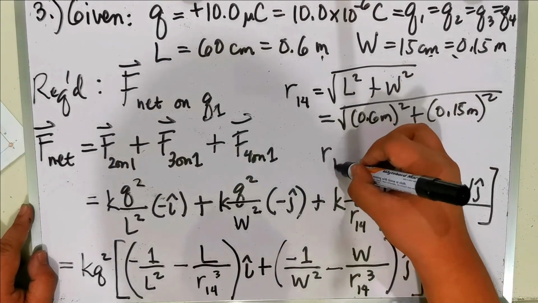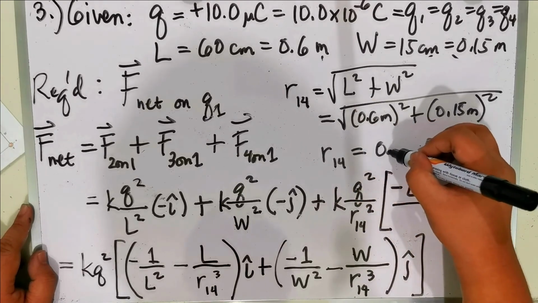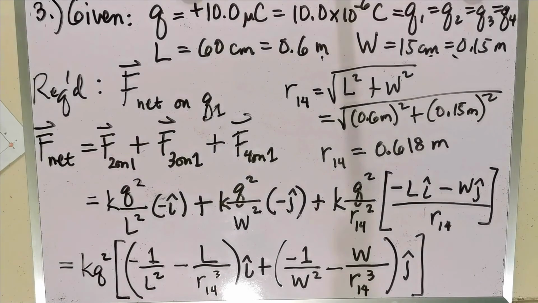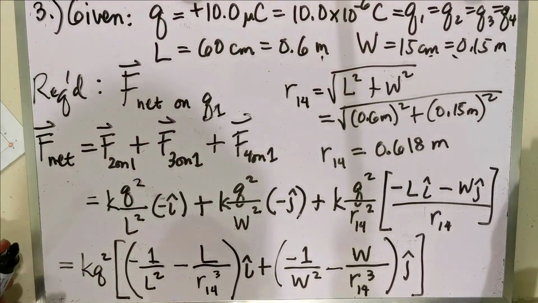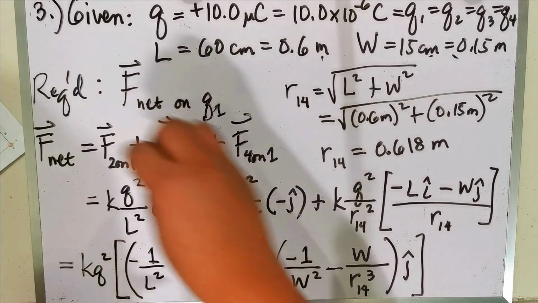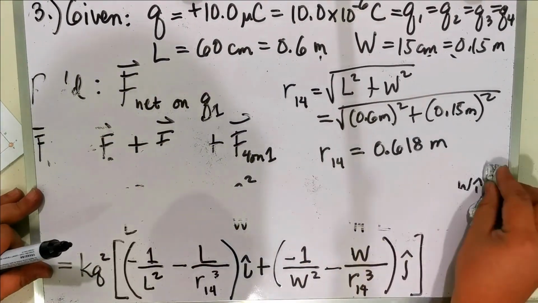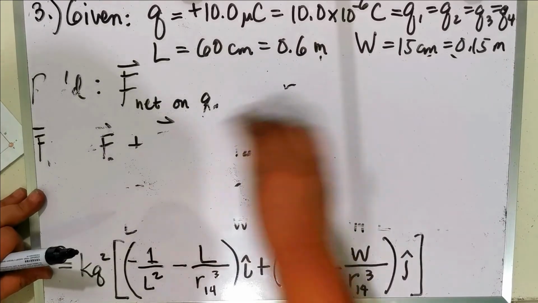So R14 would be 0.618 meters. Now we have our R14 for the equation. So from that point, we use our final equation, and what we now have is this equation.